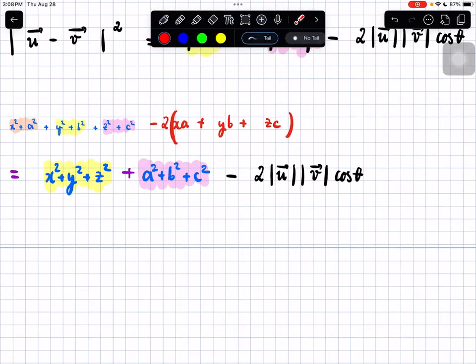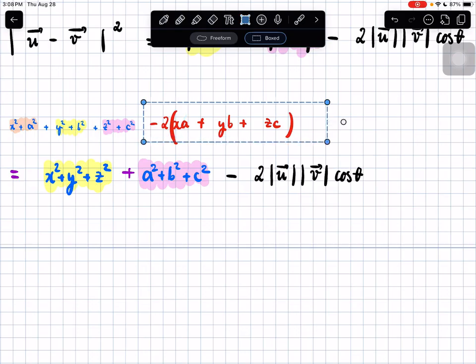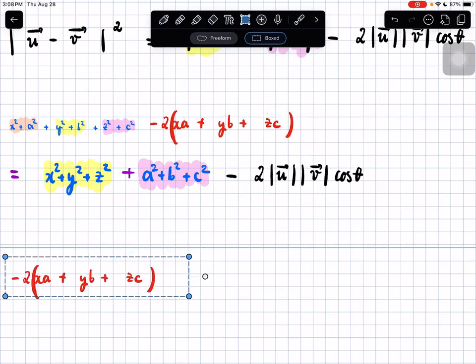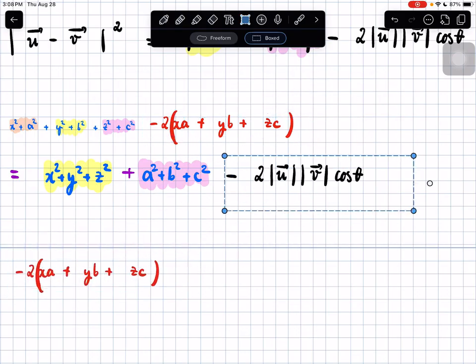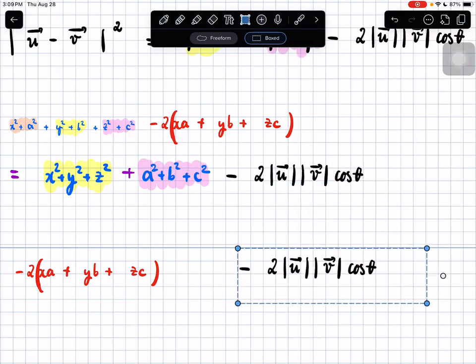Now look at this equation. X squared cancels out, a squared cancels out, y squared, b squared, z squared, c squared. So everything here cancels out. What happens is minus 2 times this equals minus 2 times this.